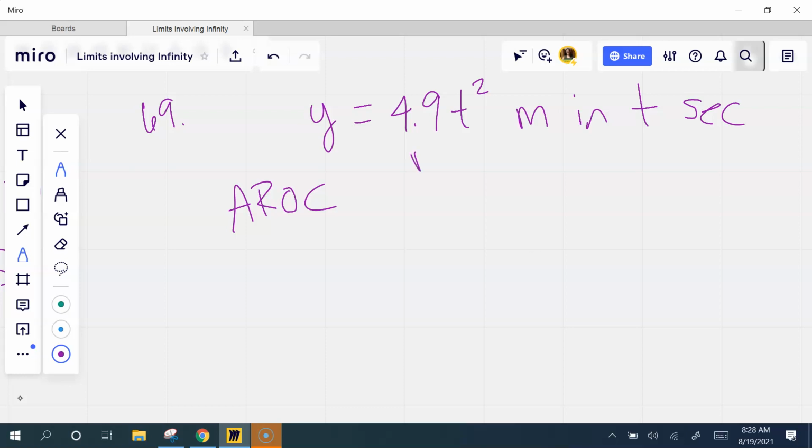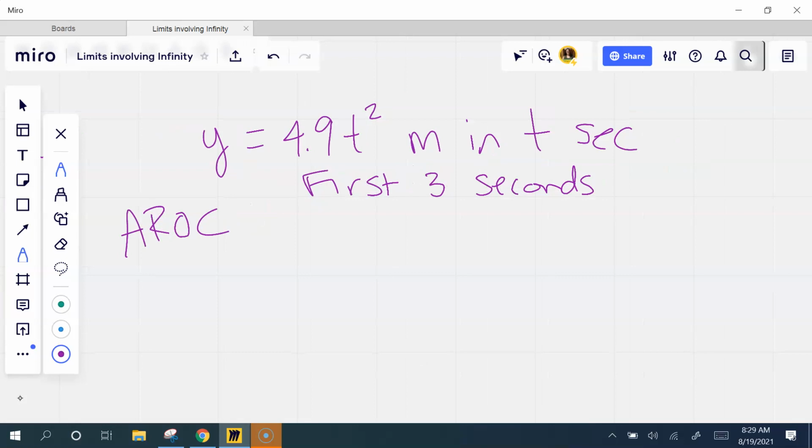All right, it says, well, that's part B. All right, first 3 seconds, right? So that means average, I want to take the first part and the last part and average them together, right? So I'm going to go at 0, that's right, delta.